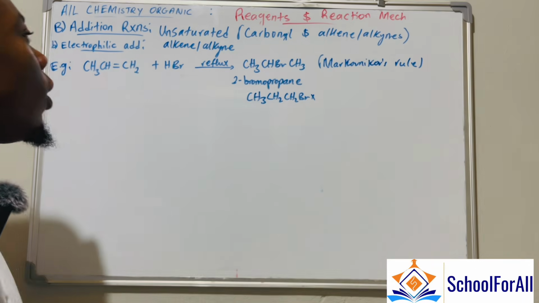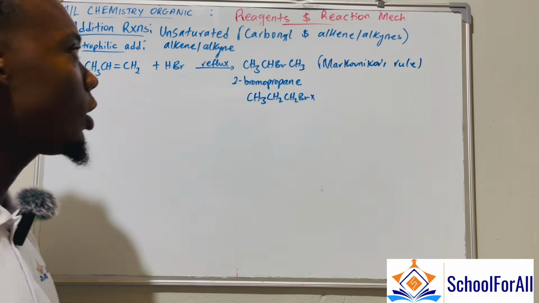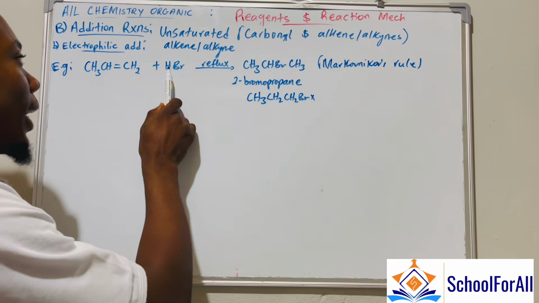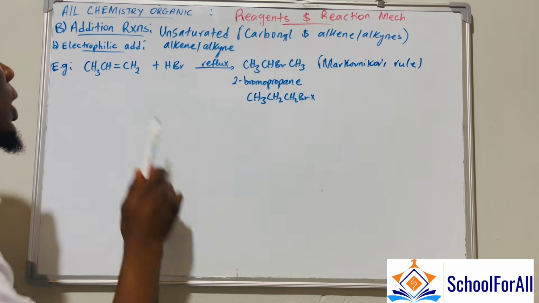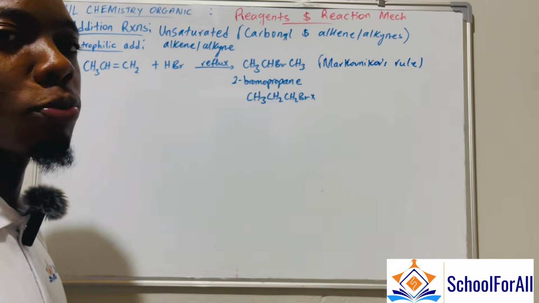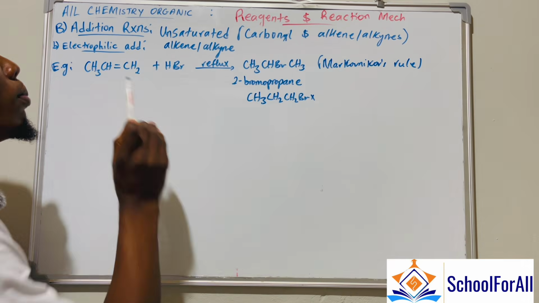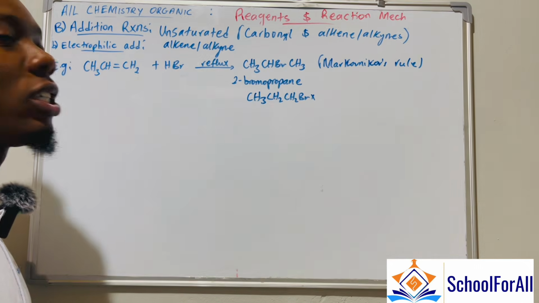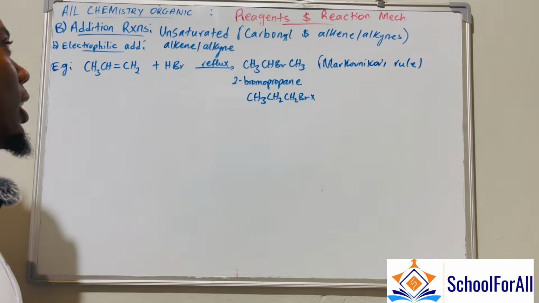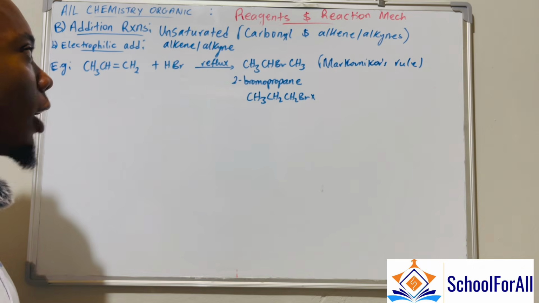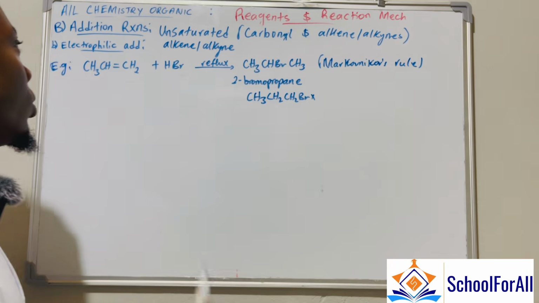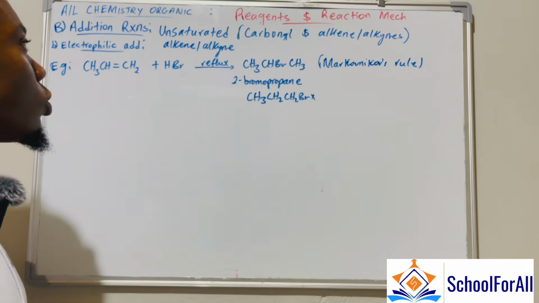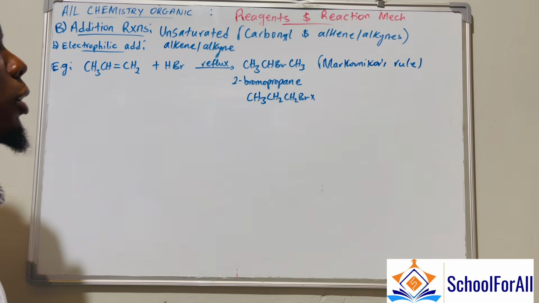In the addition of an unsymmetrical reagent to an unsymmetrical alkene, the hydrogen atom will attach itself to the carbon atom which is less substituted, or the carbon atom with more hydrogen. So hydrogen will fix itself to the carbon which has more hydrogen. Let us say the one which has more hydrogen stays with more hydrogen, the rich remains rich, whereas the one with less hydrogen remains with less hydrogen, the poor remains poor. So that is why this one is my major product.